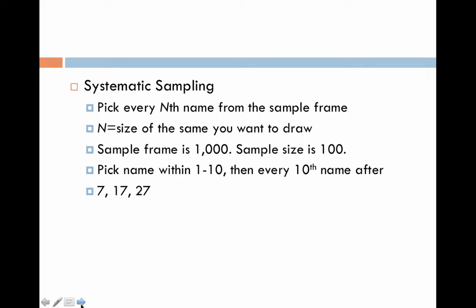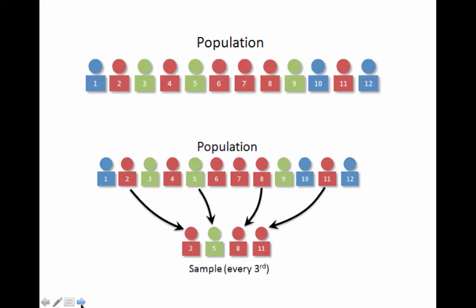There's also systematic sampling. So we would take a list of students at CSU and put them in alphabetical order, pick every nth name from the sample frame. So if we pick, every name within 1 to 10, we pick 7, then number 17 gets chosen, number 27 gets chosen, and so on. So that's systematic sampling. And so one of the ways this looks like to give you a visual is you're sampling every third, right?